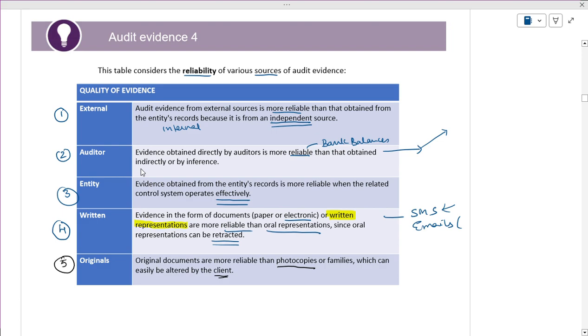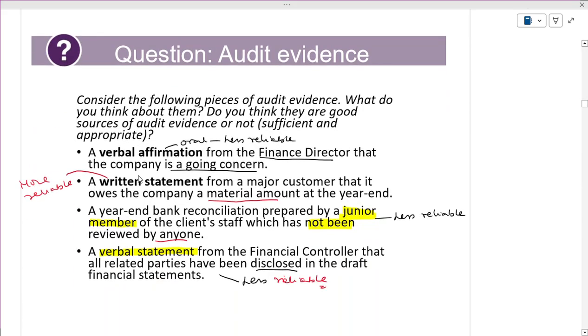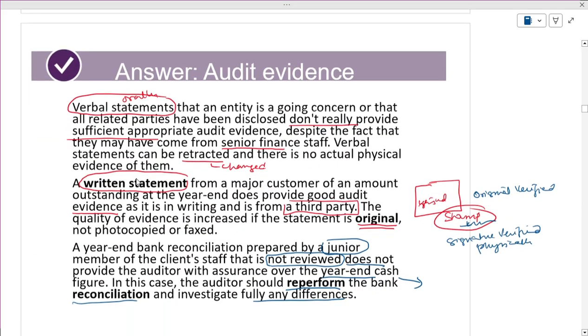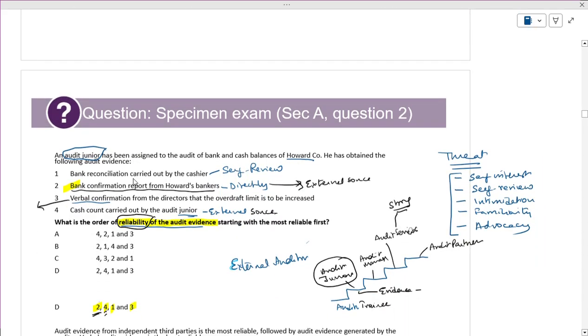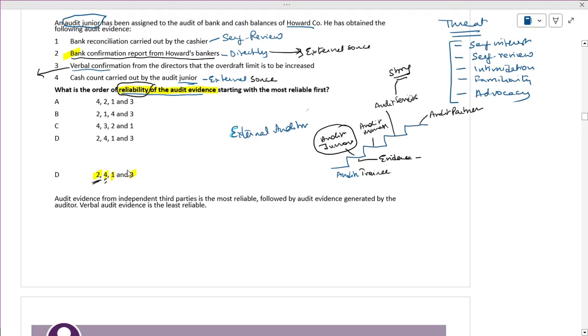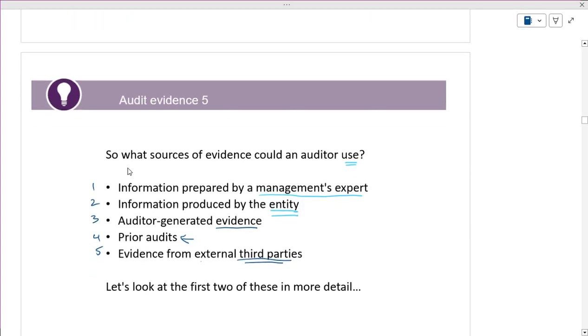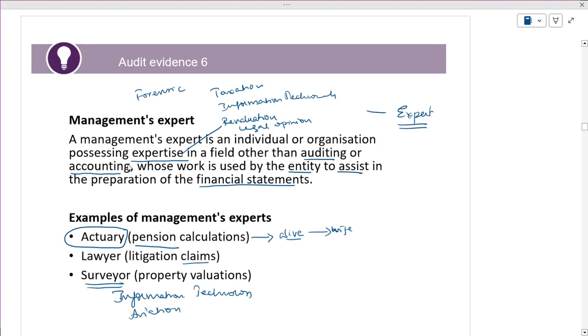Junior will be less reliable, senior more reliable. Oral will be less reliable, written more reliable. Originals are more reliable; photocopies are less reliable. It is a small, very easy concept, and we cannot lose marks on that.